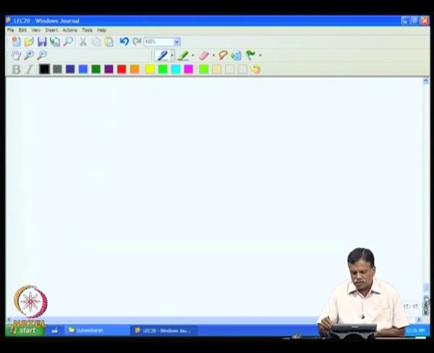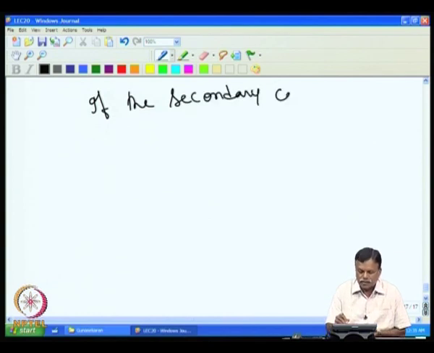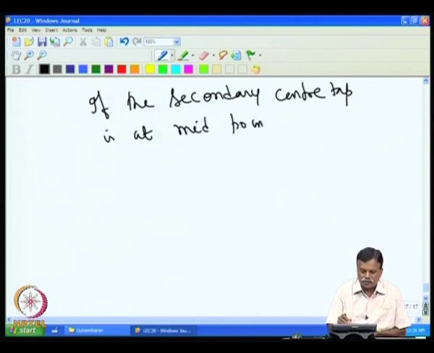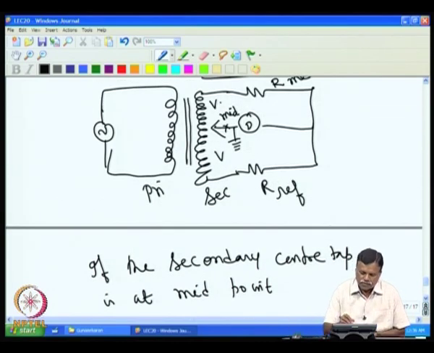So, the first step would be that if the secondary center tap is at the midpoint, then V1 equal to V2, say this is V1, this is V2.